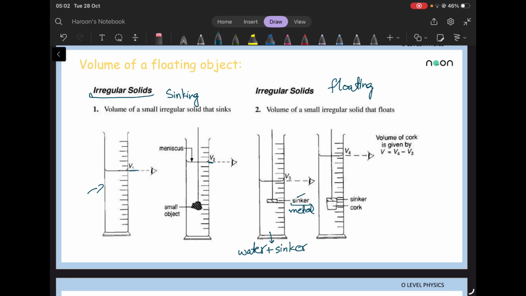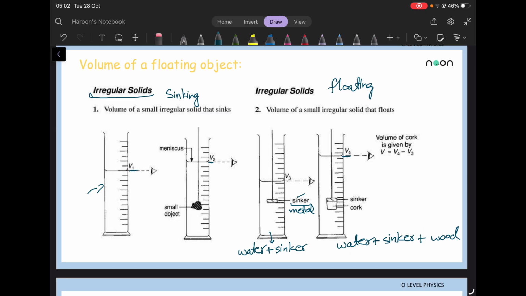Once it is attached, we put both the sinker and the wooden object, which was floating initially, inside water. So now this would give me the reading of water plus sinker plus wood, the small piece of wood. This gives the combined reading of all these three.